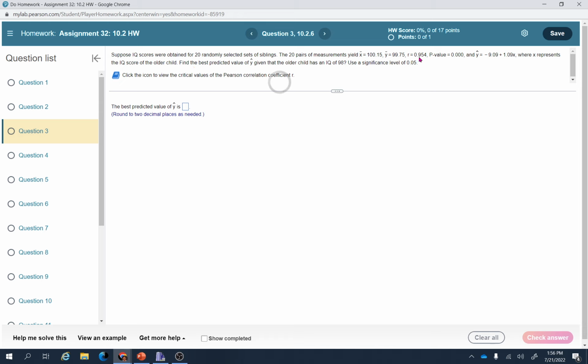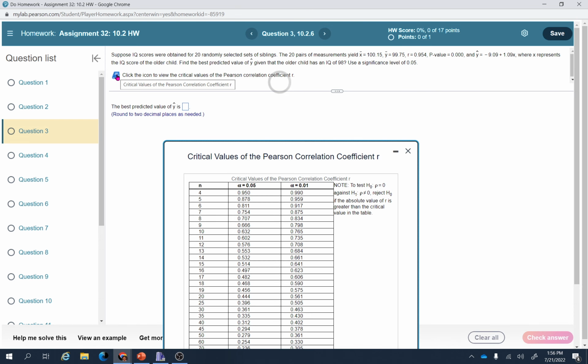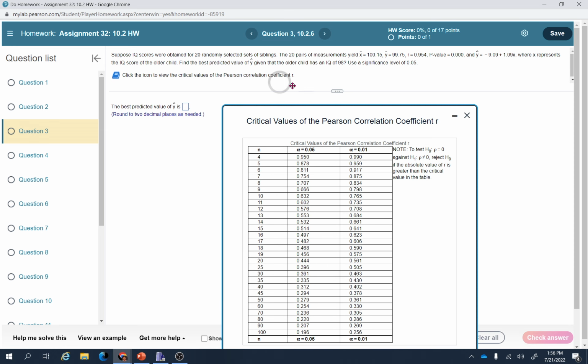The correlation coefficient is 0.954, and if you click here you can find the critical value. For number of data 20, let's go down to 20, and the significance level is 0.05, so that's column 2, row 20. The critical value is 0.444. This critical value is less than the correlation coefficient 0.954.